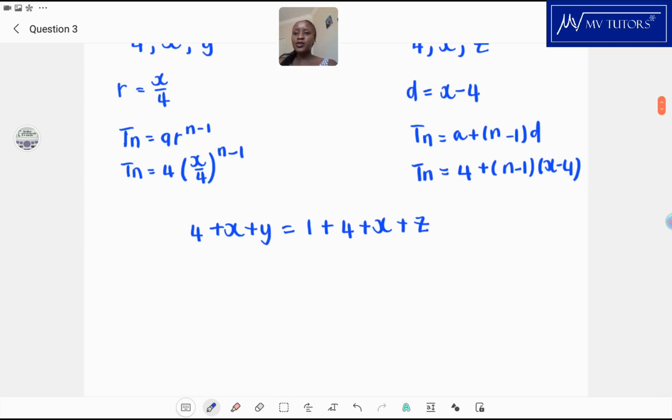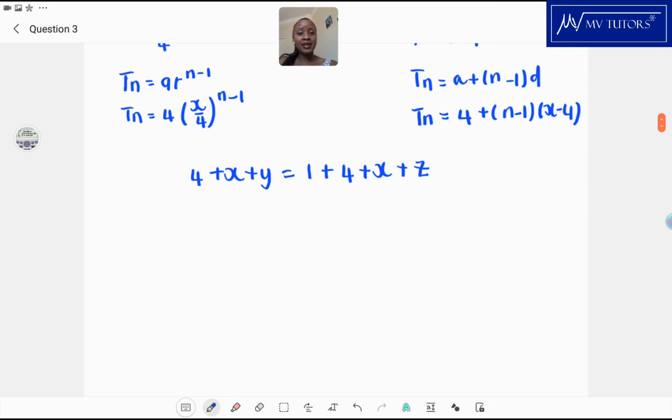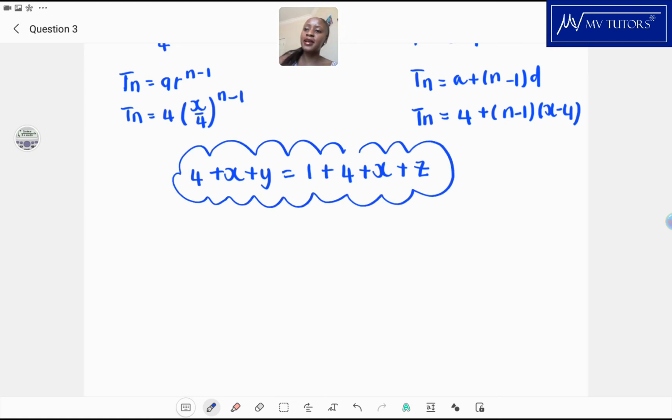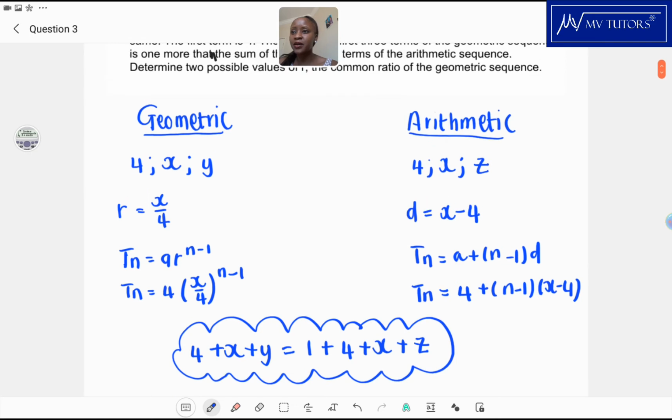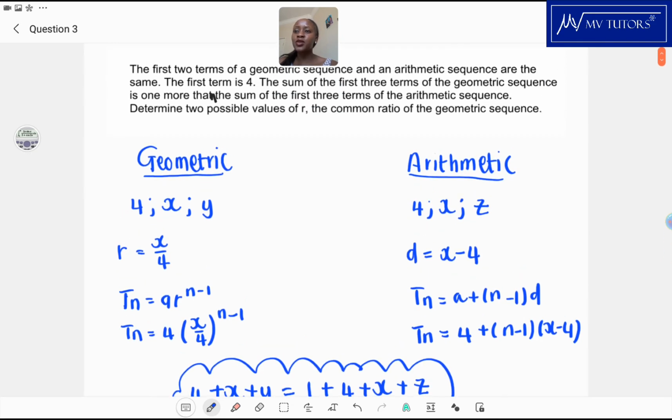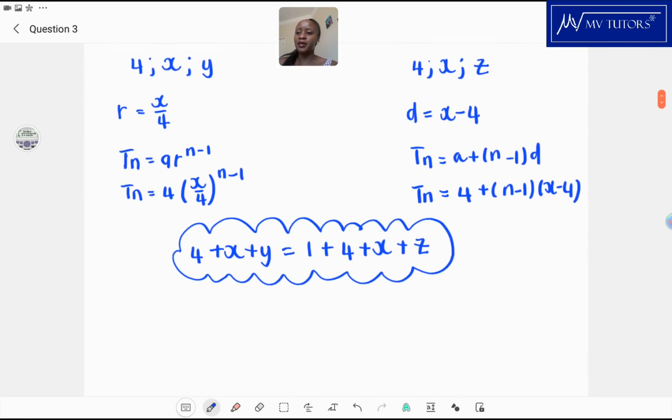Now what I need to do is get the 3 terms from the geometric sequence and the 3 terms from the arithmetic sequence, because this is my goal. Once I have this, I can determine r. They did request r, right? Yes, determine the two possible values of r.